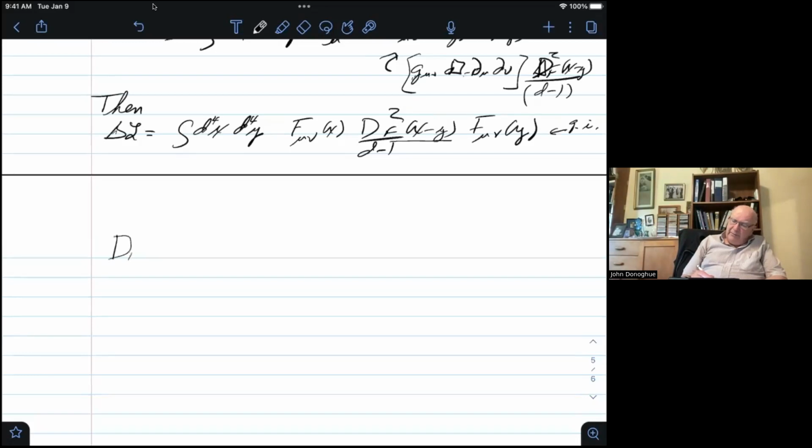Feynman propagator squared from x to y is the Fourier transform, well, actually, let me, for notation's sake, just keep this as a function of x here.